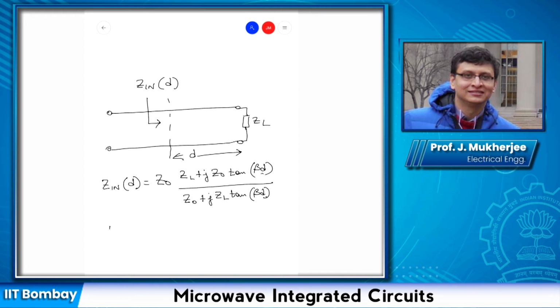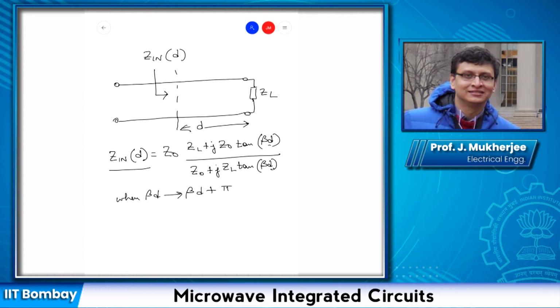Whenever beta d changes to beta d plus pi, we get the same value of Zin. Now beta is equal to 2 pi upon lambda, so beta d is equal to 2 pi upon lambda times d.